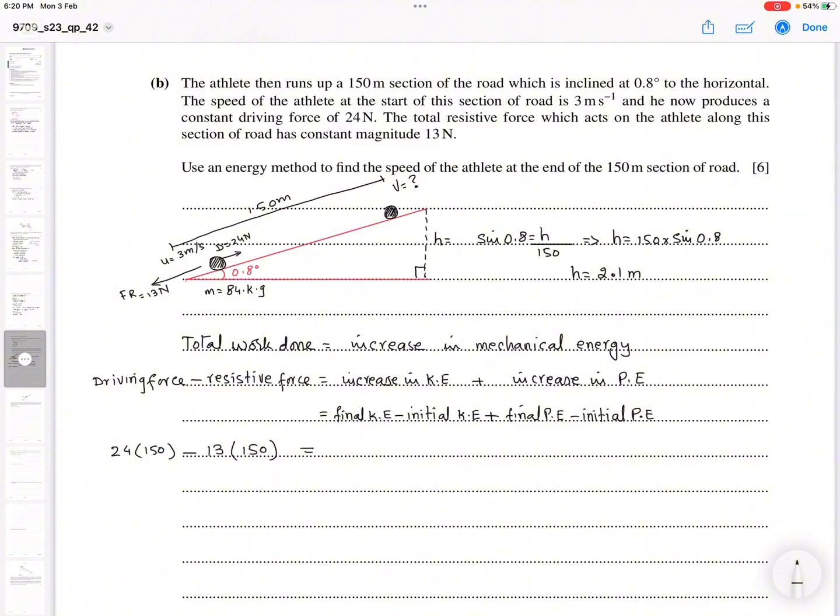This is equal to final kinetic energy, half m v squared.